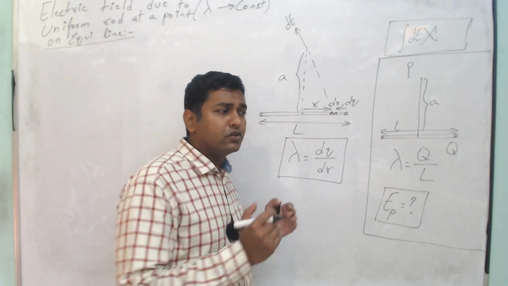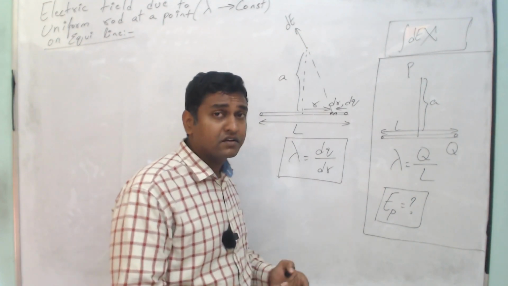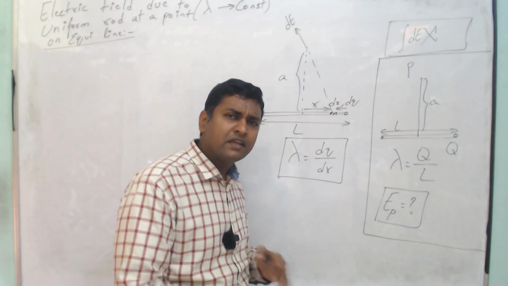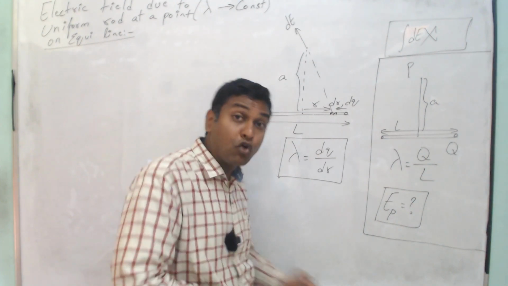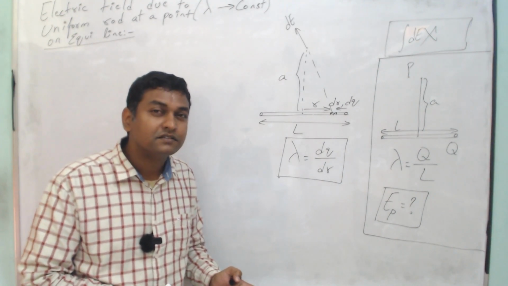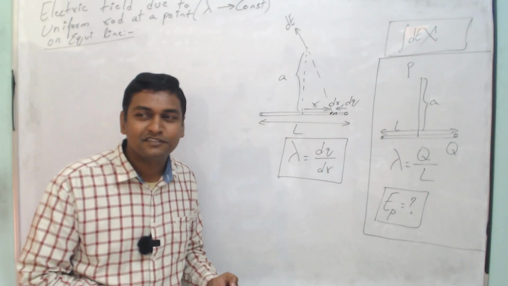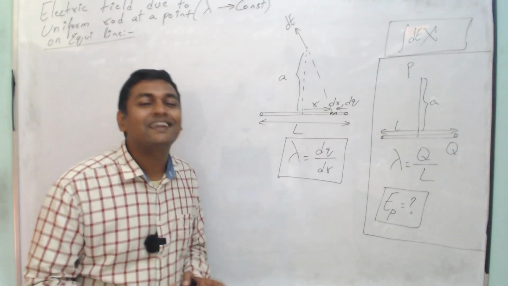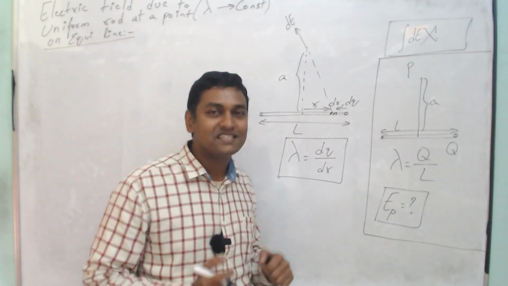I said you cannot integrate a vector whose direction is changing. So do I mean that I can integrate a vector whose direction is not changing? See, why can't I integrate a vector whose direction is changing?